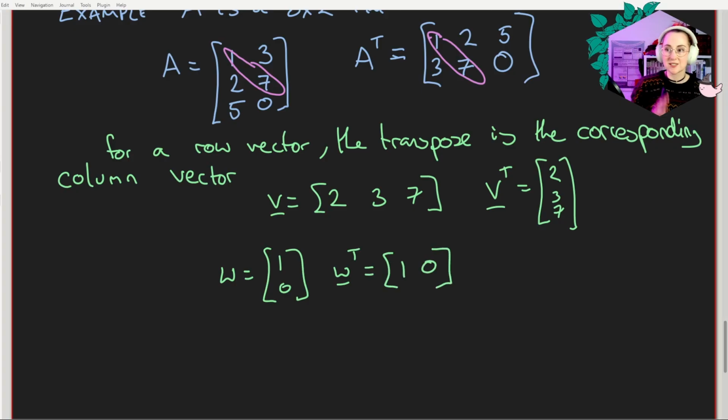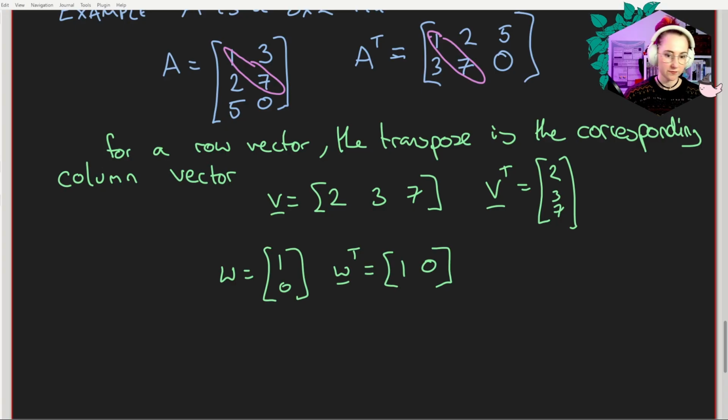It's not to say that all vectors are row vectors and all vector transposes are columns. It's just whatever you define. And this is where being clear with your notation is important. Okay.